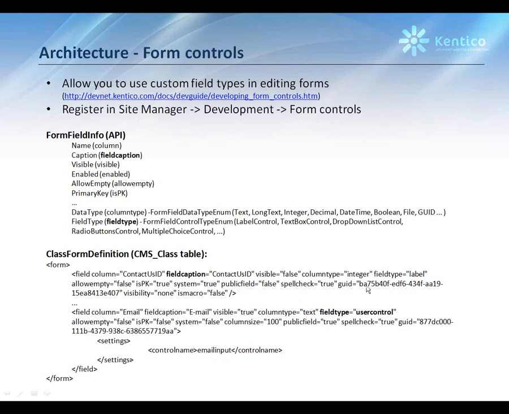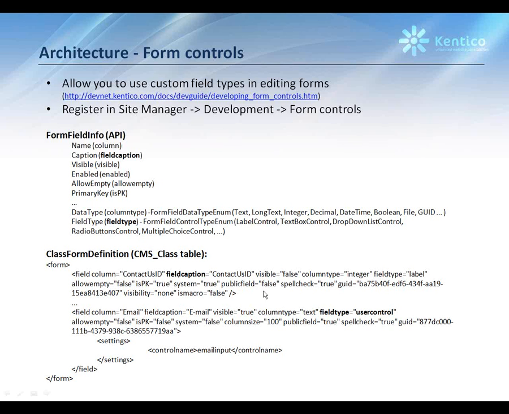In case of built-in form controls, there is no such section, and the system simply knows that field type equals label is some kind of built-in form control. These form controls are built into the DLL files, and without the source code version you're not able to modify them. But the rest of the form controls are available for all editors or designers.